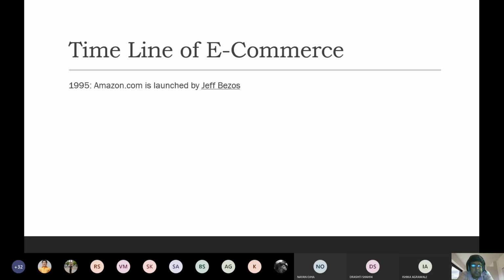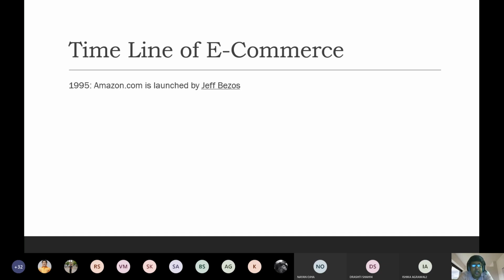Today, we all know that Amazon stands number one in the electronic commerce business, and it's also been listed as one of the top Fortune 500 companies in the US. And you are all already aware of Jeff Bezos as one of the richest men in the world, with a net fortune of billions of dollars.